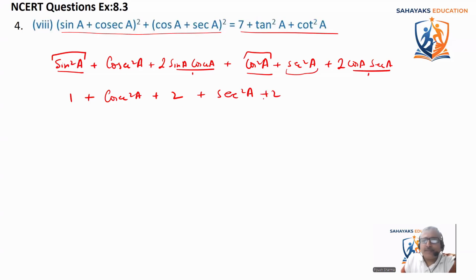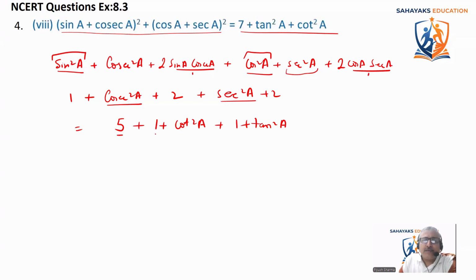So the total becomes 5. Okay, we need to change it to tan and cot. So cosec square A, I can write it as 1 plus cot square A. And sec square A, we can write it as 1 plus tan square A.